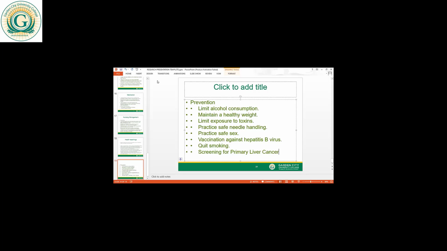Please, some of the symptoms of liver rejection are a high fever, an increased liver function test, yellowing of the eyes or skin, and fatigue. So it doesn't normally occur.